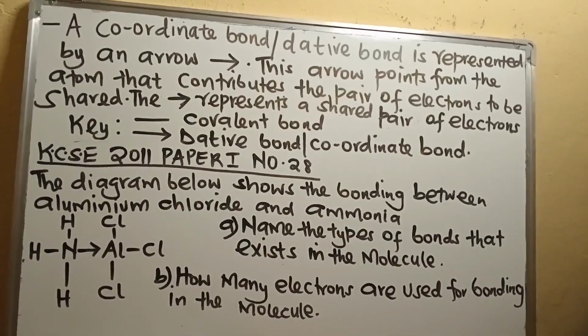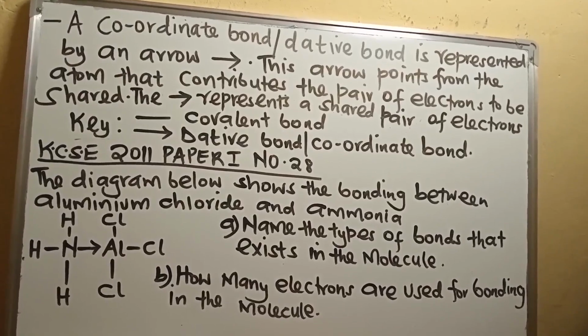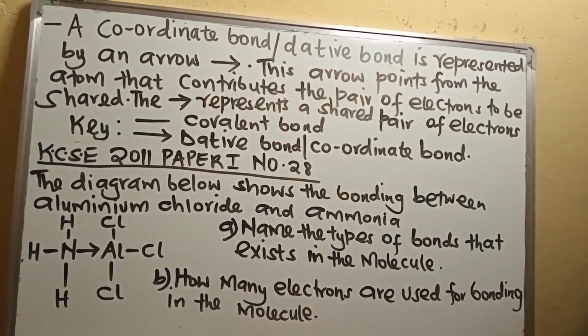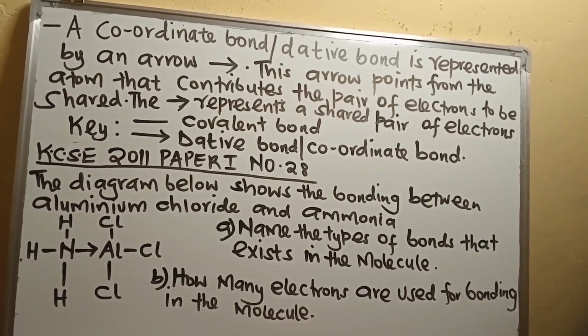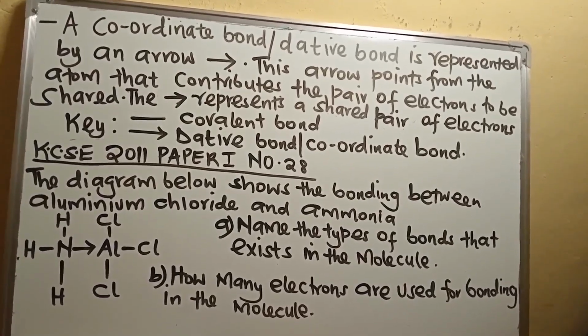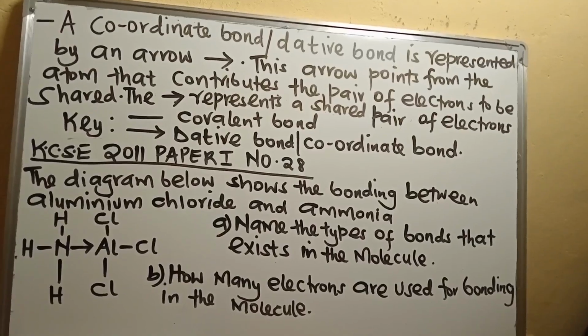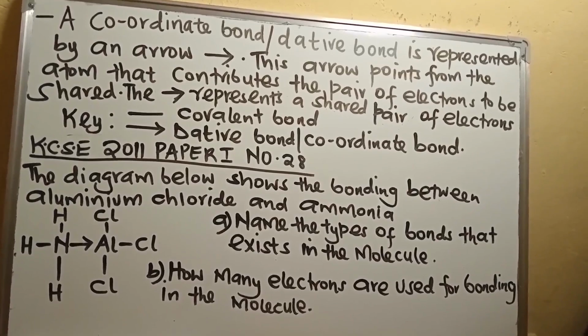Then we have the key, where a single line represents a covalent bond, and remember that a single line represents a pair of electrons. Then we have the arrow that represents a dative bond or a coordinate bond, and again an arrow represents a pair of electrons.